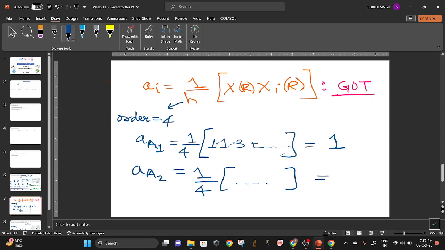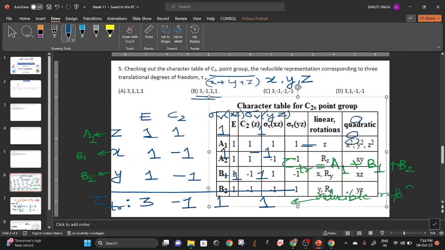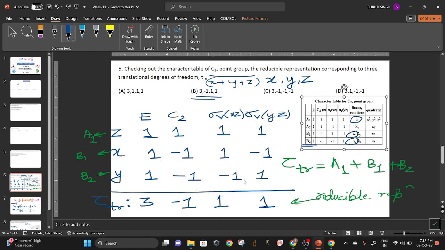Please give the character table of C2. One, minus 1, minus 1.